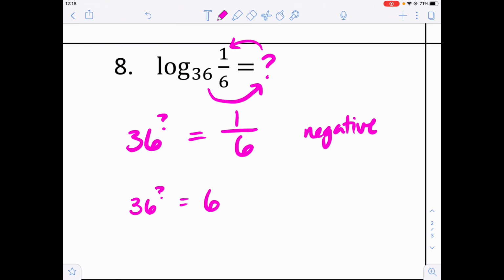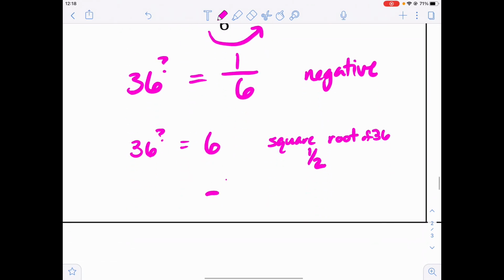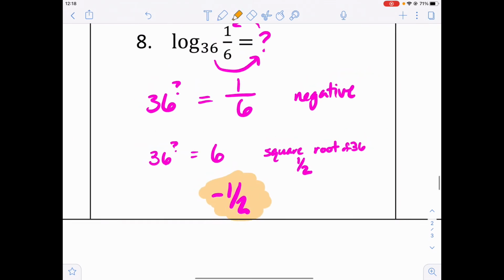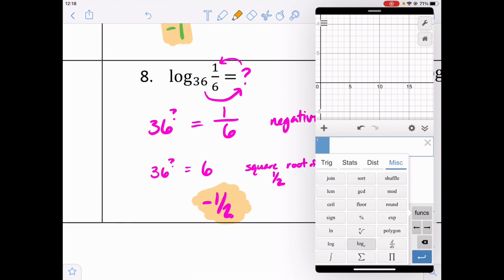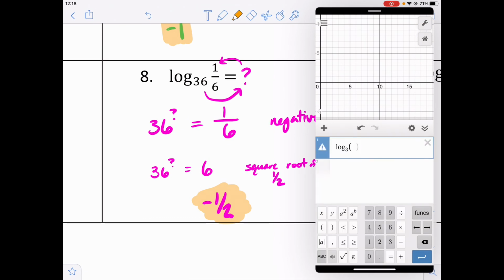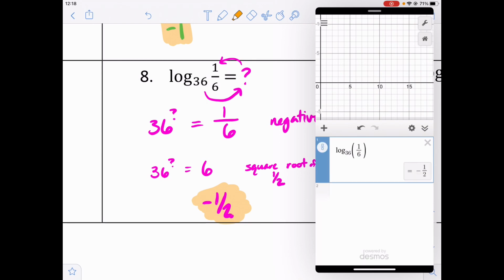Well, 6 is the square root of 36. Square root is 1/2. So put those two things together and we get negative 1/2. Let's check it using our calculator. Function, log base 36 of 1/6, negative 0.5. Click the fraction button, negative 1/2.